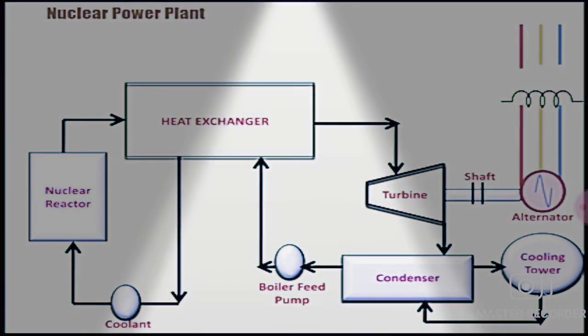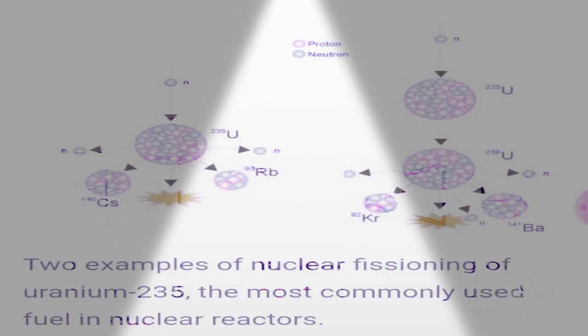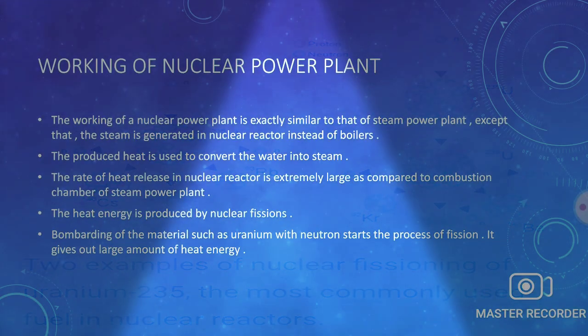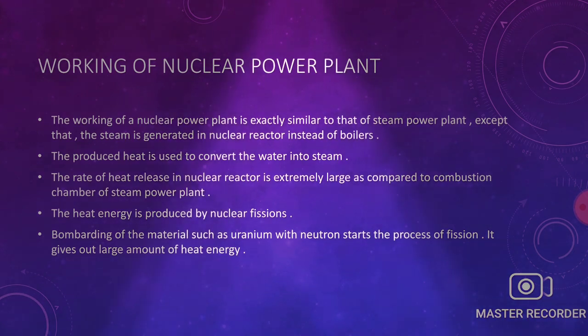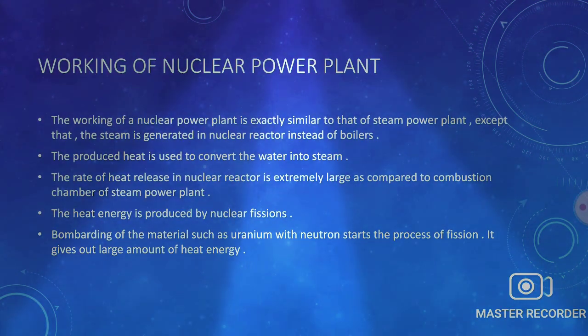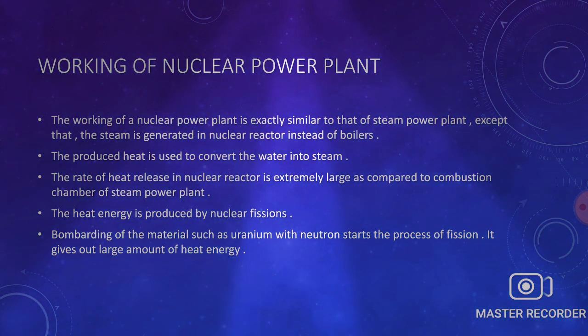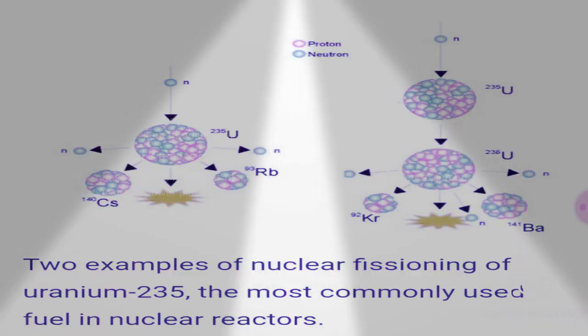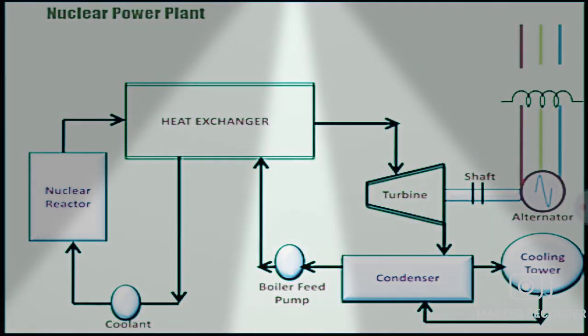Now let us see the working of the nuclear power plant. The working of a nuclear power plant is exactly similar to that of a steam power plant, except that the steam is generated in the nuclear reactor instead of boilers. The produced heat converts the water into steam.